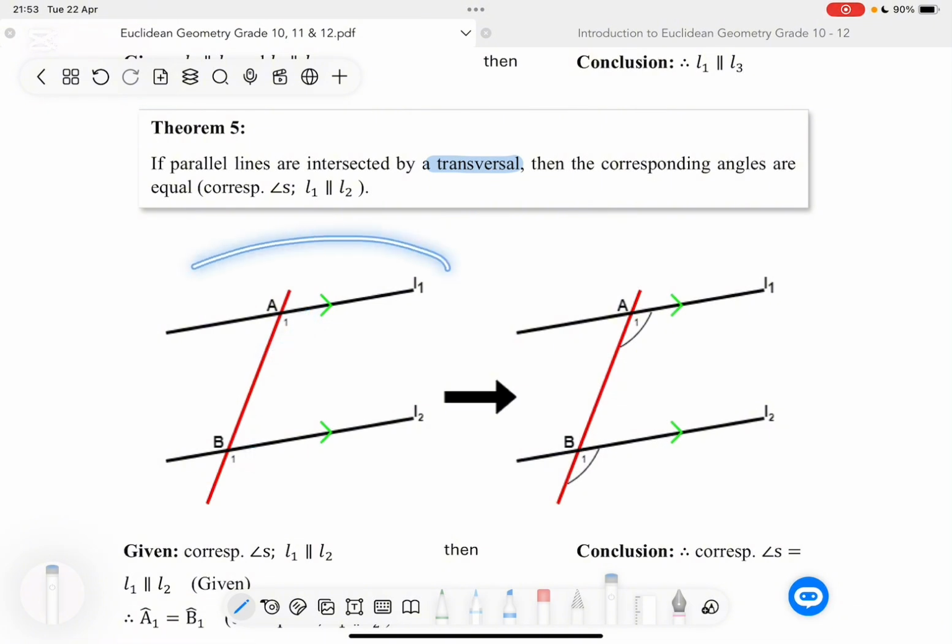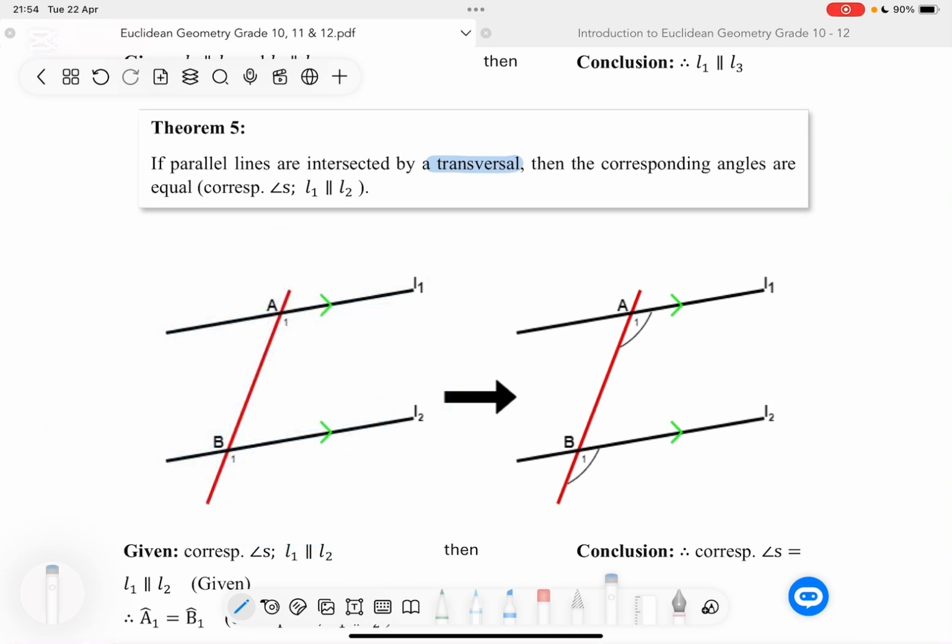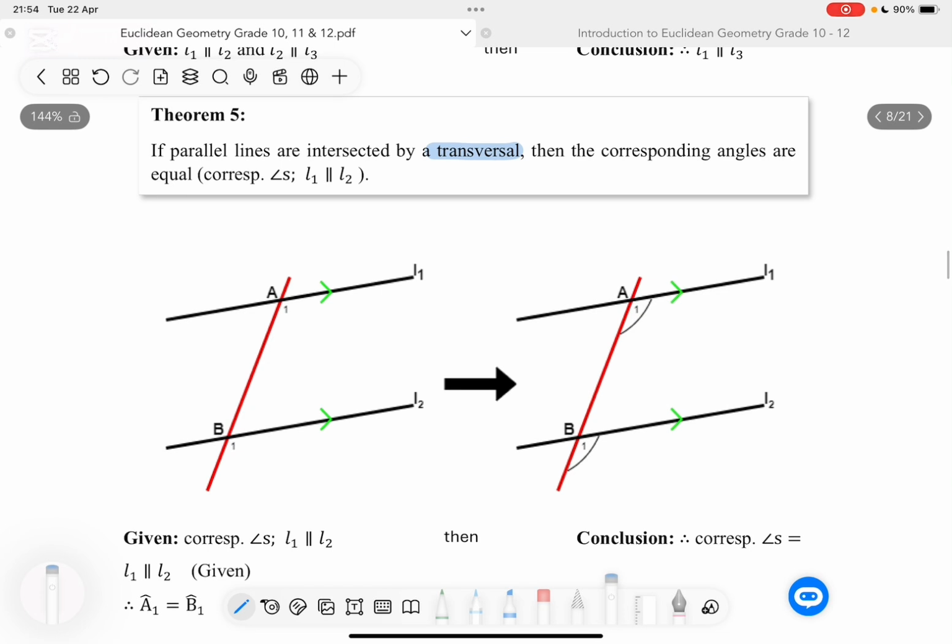Now, when you have such a configuration where there are parallel lines and a transversal, creating the corresponding angles, we then conclude that those corresponding angles must be equal, must be exactly the same.